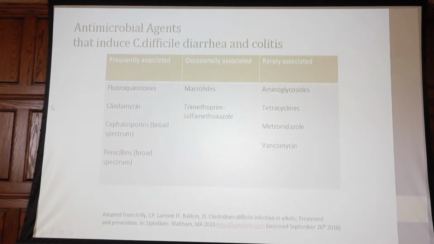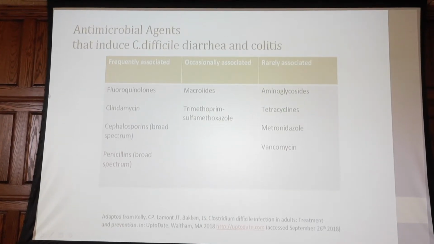Fluoroquinolones, clindamycin, broad-spectrum cephalosporins, so 3rd and 4th generations, and broad-spectrum antibiotics like Zosyn. So that's everybody in our hospital, basically. So we have to see what we can do to utilize those most optimally and efficiently and with due diligence.